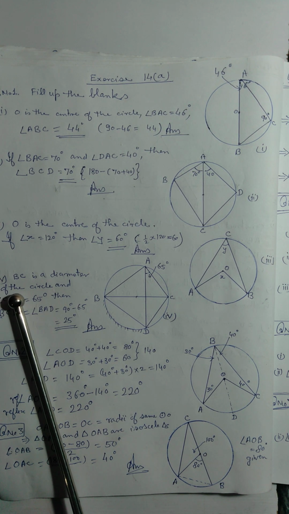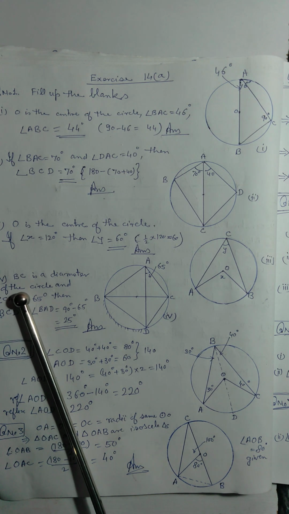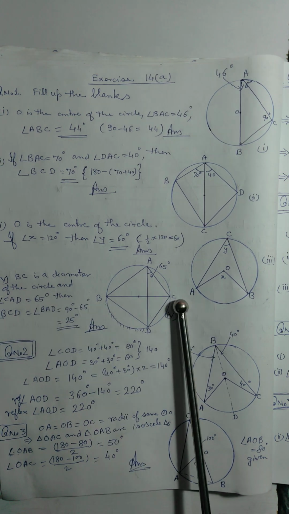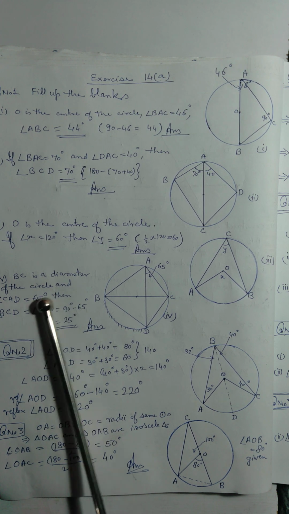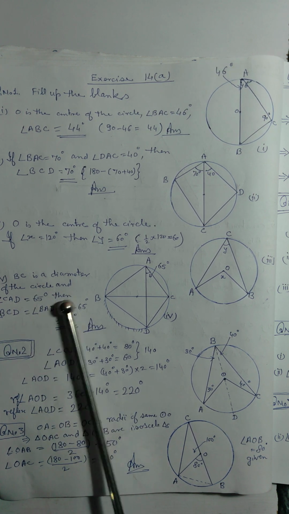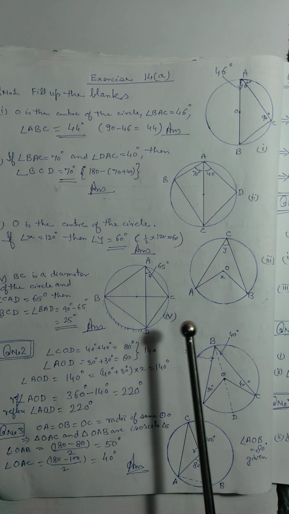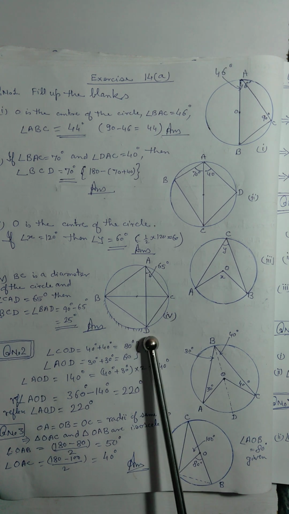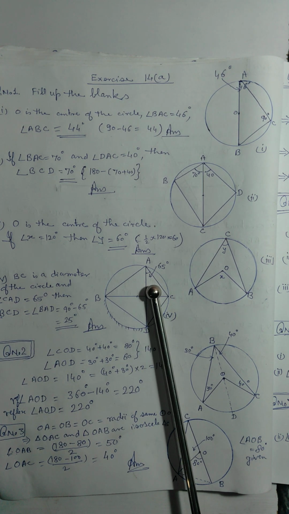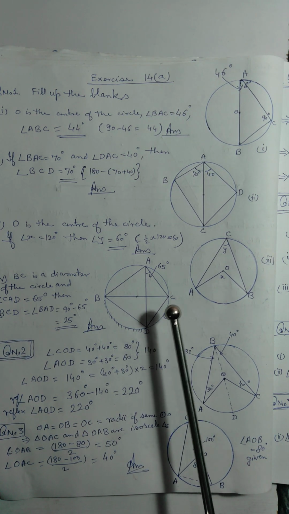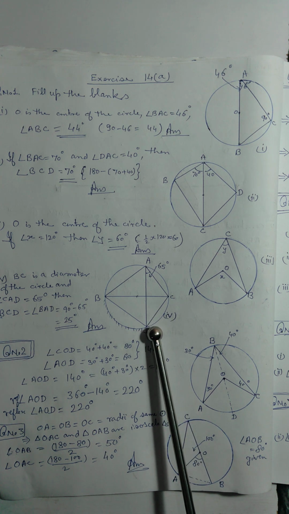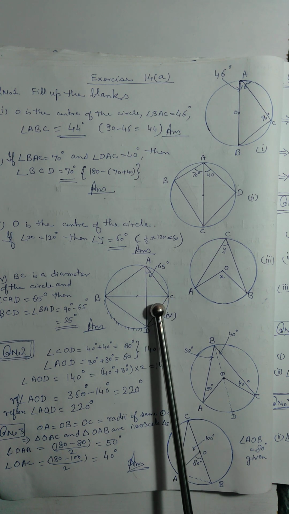Now the fourth part of it. See, BC is a diameter of the circle, and CAD is 65 degrees, it is given. Then we have to find out BCD.